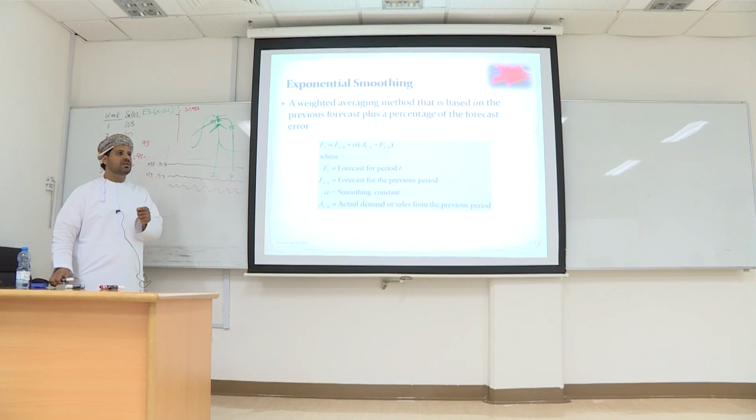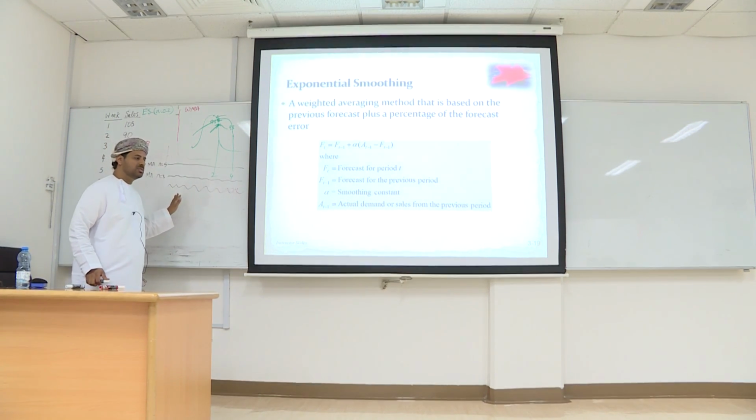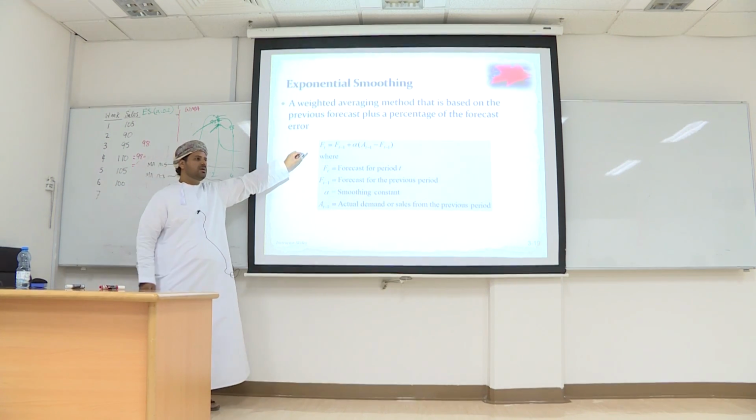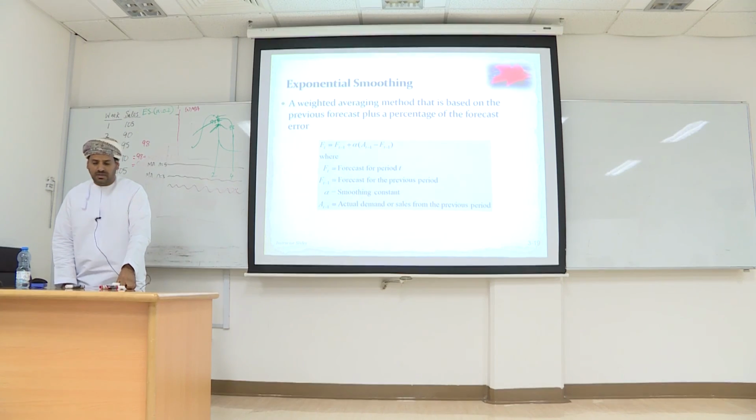If you have seasonality in your data, then most likely exponential smoothing with seasonality would give you excellent results. If you have trend and seasonality in your data, then most likely exponential smoothing with trend and seasonality will give you excellent results, better than all of the other techniques. But here we're just taking the basic one. You could take other methods in other courses.